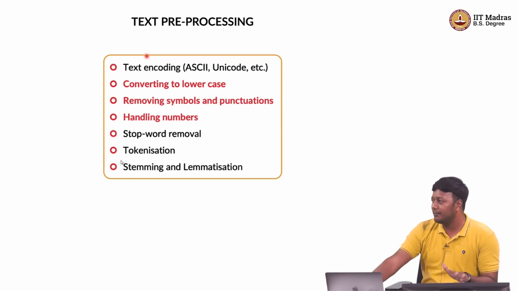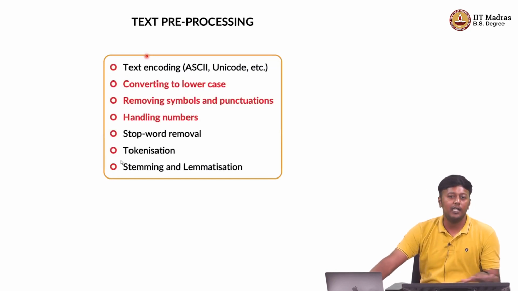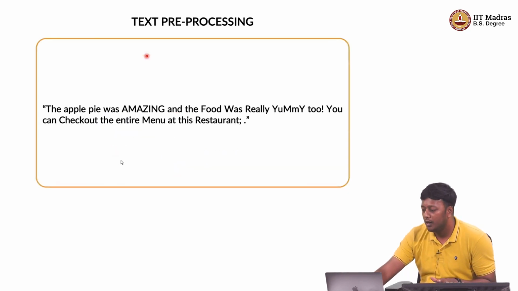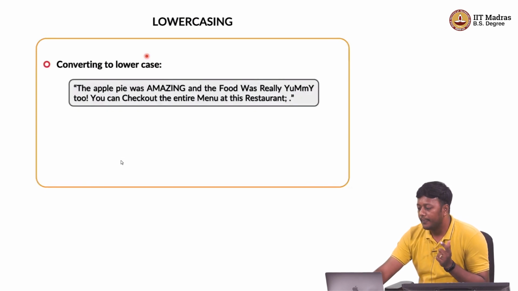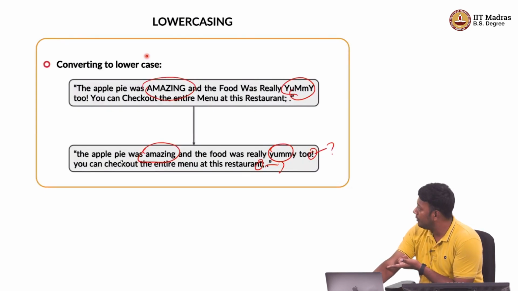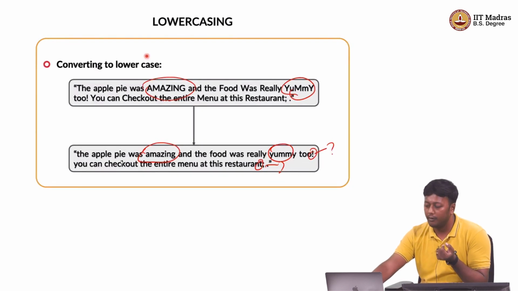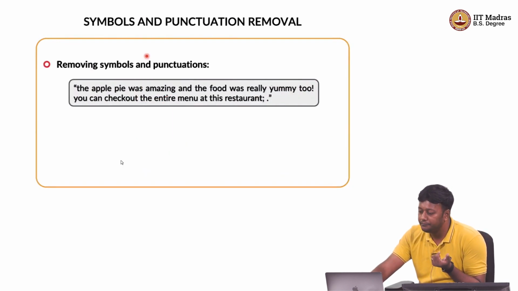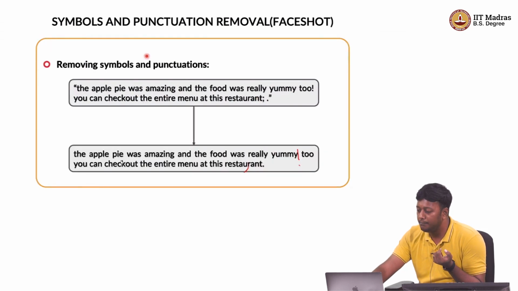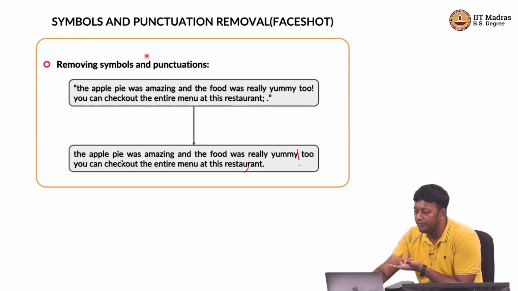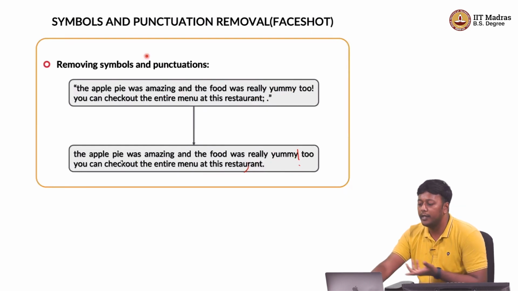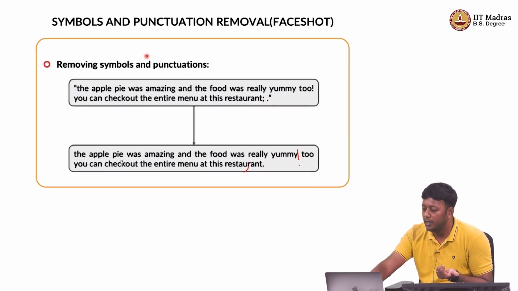You can write simple rules, and this can be very easily done. For example, for lowercase, this is how the output looks. Now everything is in a single case, and punctuations are removed. There's an exclamation after ME2, it's removed, and the semicolon is also removed.